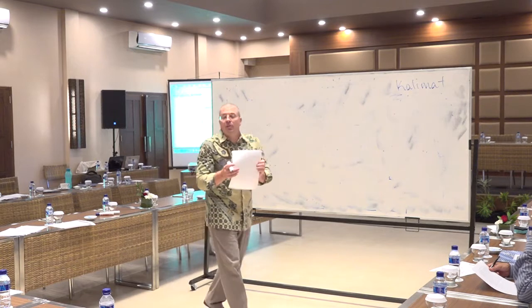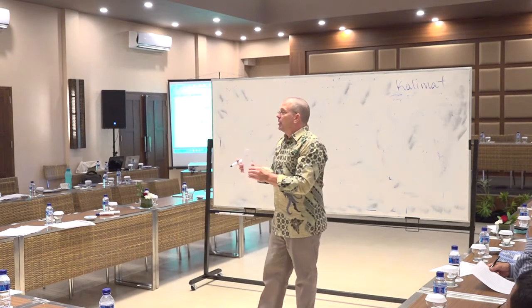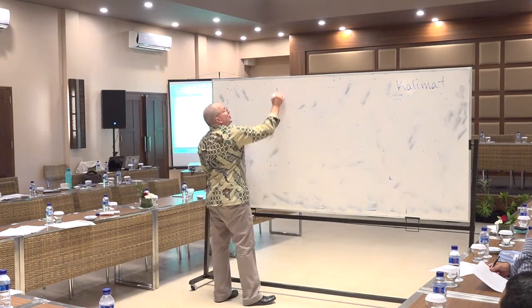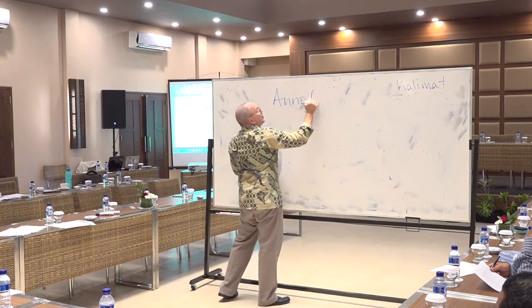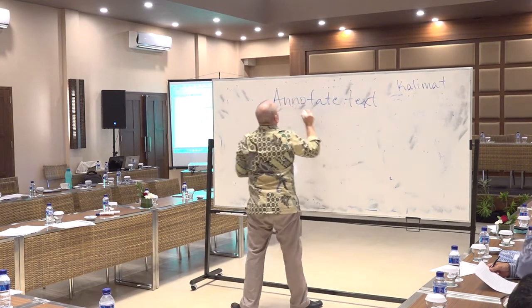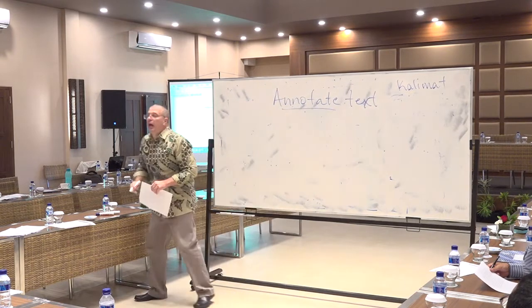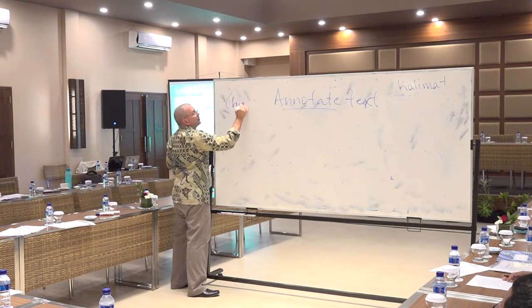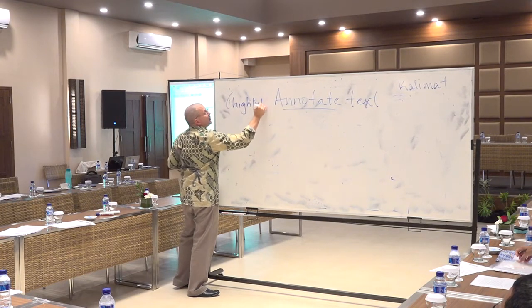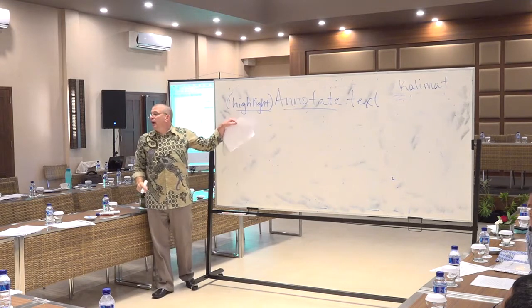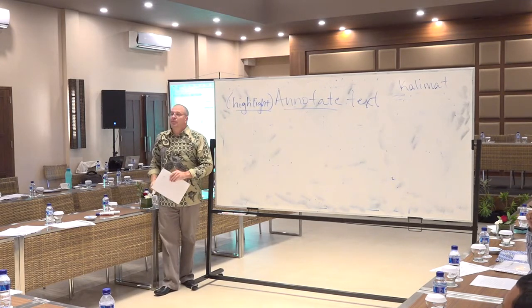So if we're going to summarize and paraphrase a long paragraph like this, the first thing we do is to annotate the text, or highlight the important parts.